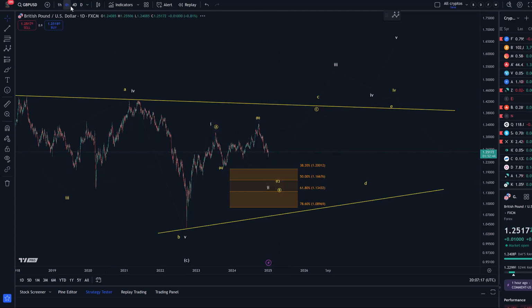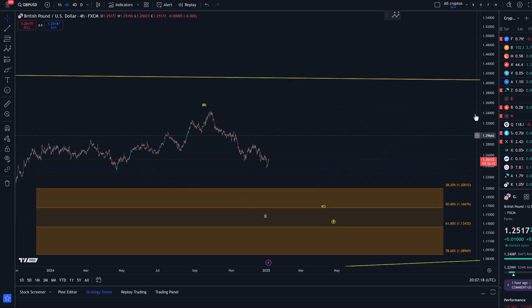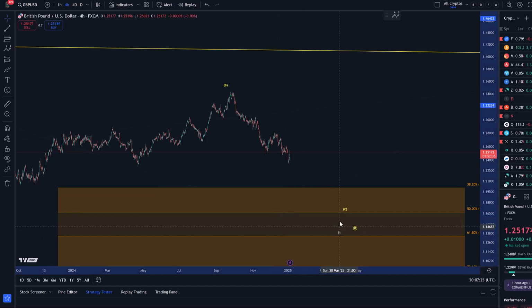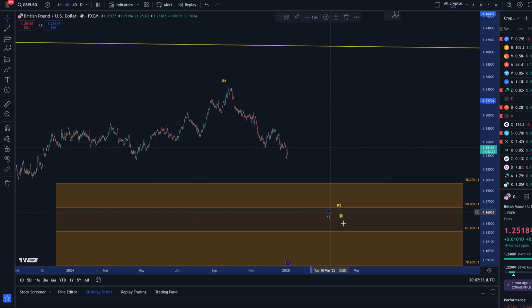So let's go to the shorter time frame. On the shorter time frame chart, we see that this correction is unfolding.